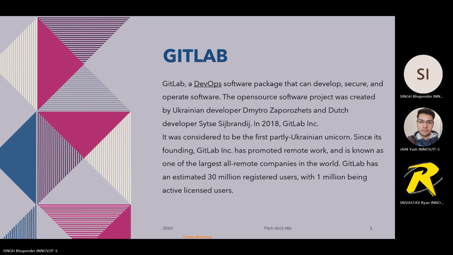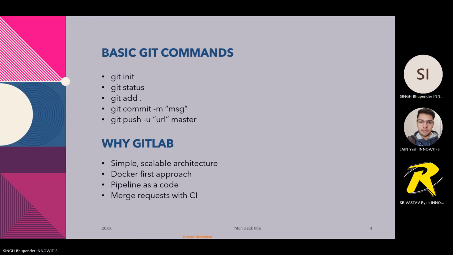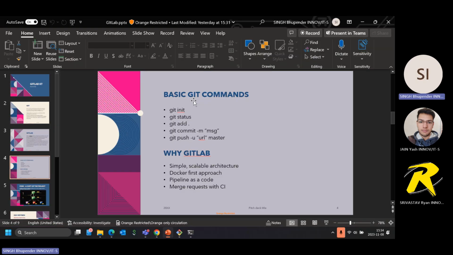Git is the most popular version control system, and around 95% of developers use it. Now, for setting up Git, we have a few basic commands using which we can locally set up Git in a folder or a project.